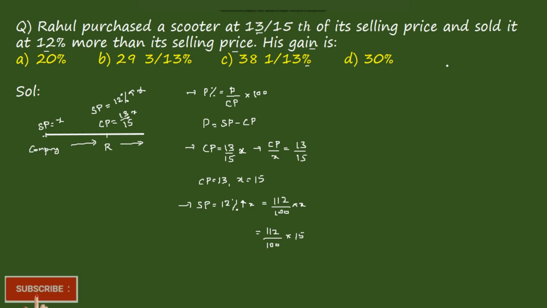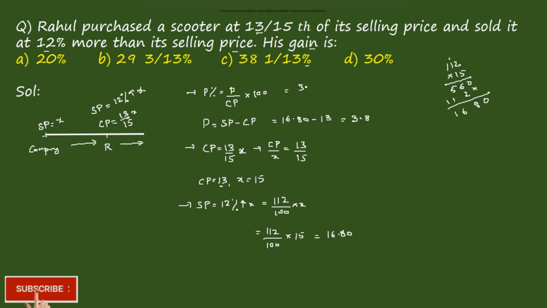So just multiply these two, 112 with 15, and it becomes 16.80, right? So profit is equal to nothing but 16.80 minus 13, right? Cost price is nothing but 13, which is equal to nothing but 3.8.